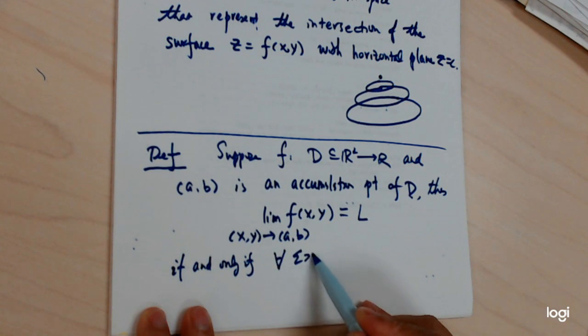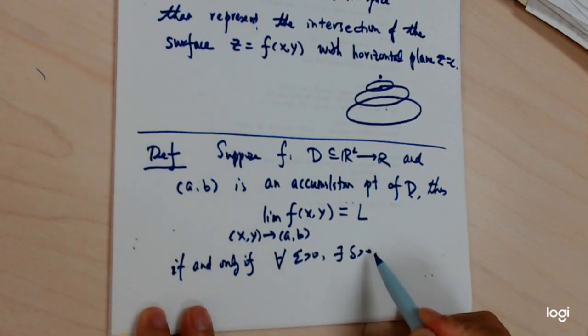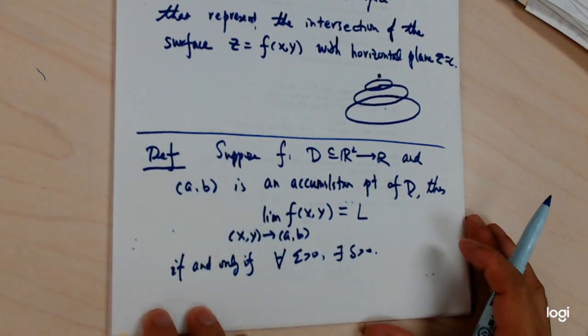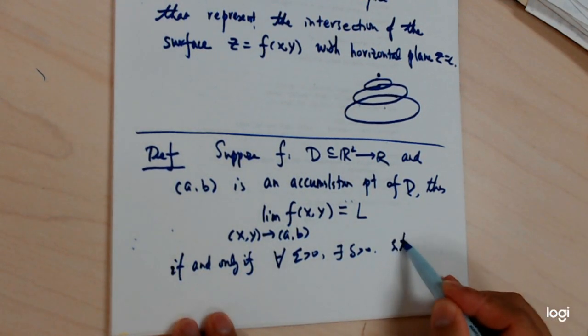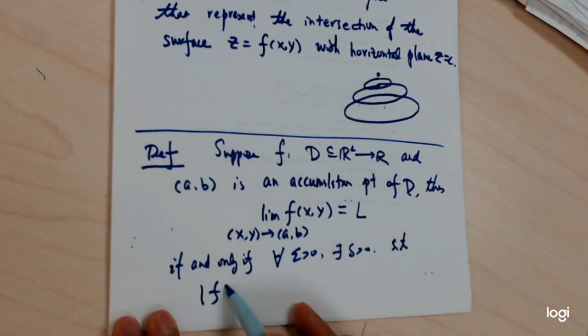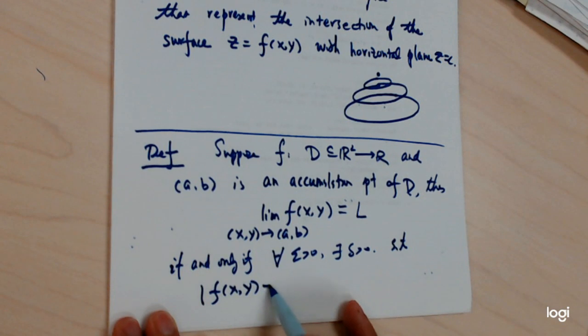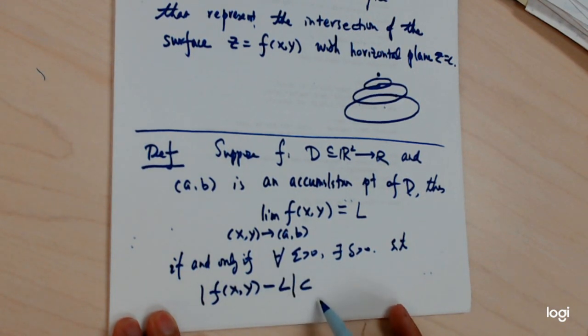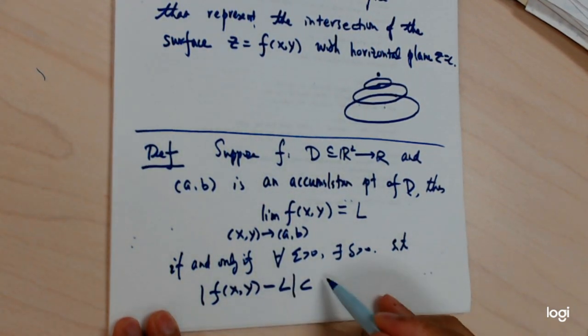Given any epsilon, there's a delta. I'm pretty sure that sounds very familiar to everybody. So I need the difference between the function's value and its limit to be less than epsilon.